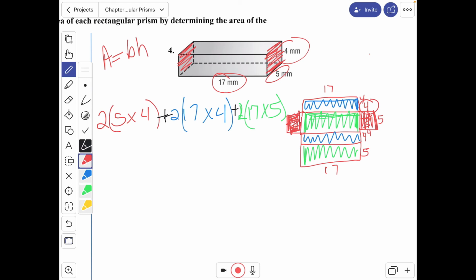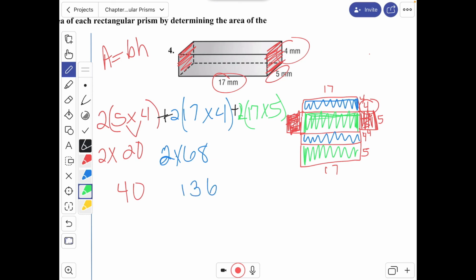5 times 4 is 20. Times 2 makes 40. 17 times 4 is 68. Times 2, which is 136.